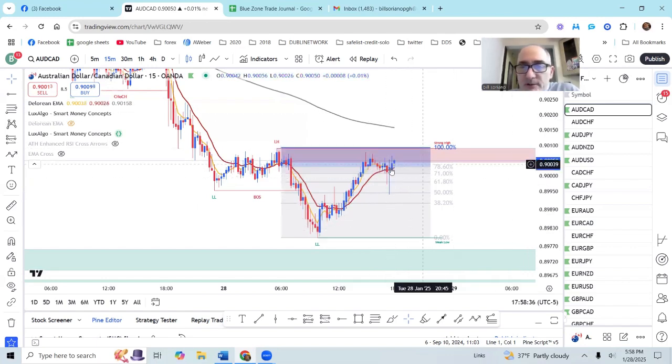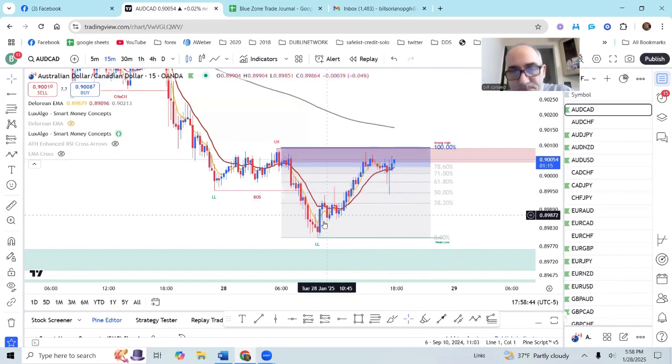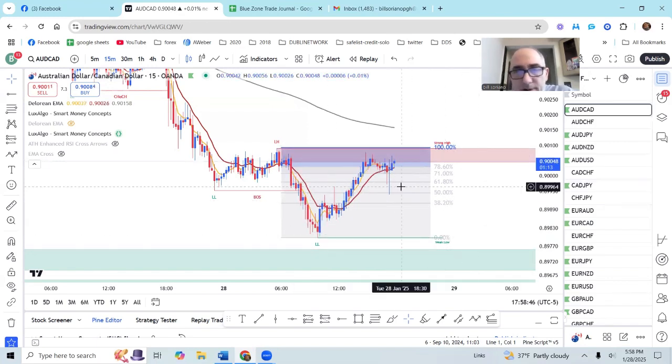We want to sell in the premium zone, which is the 50 to 100, or buy in the discount zone, which is also the 50 to 100. So we could set an alert, or we could just wait for that to cross.